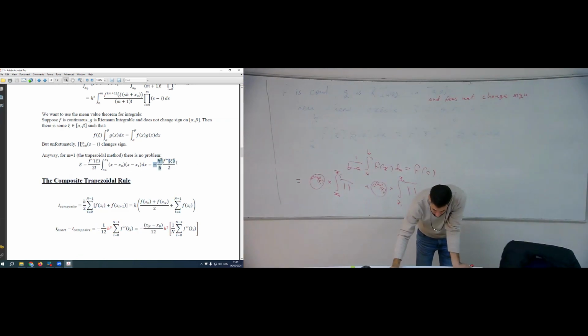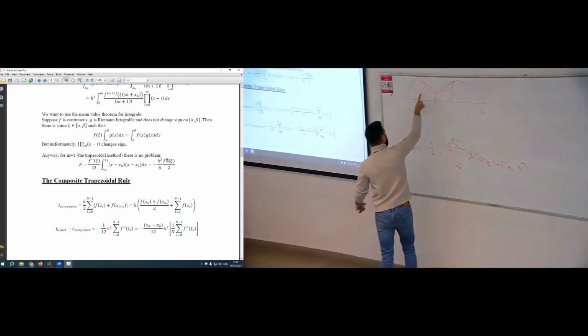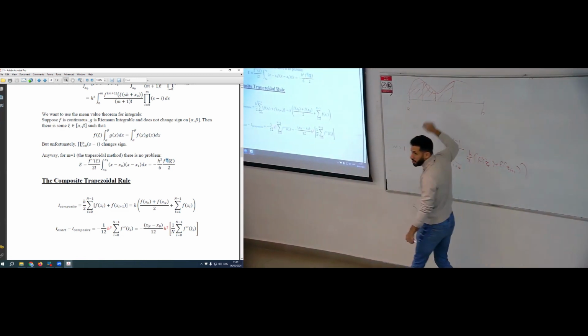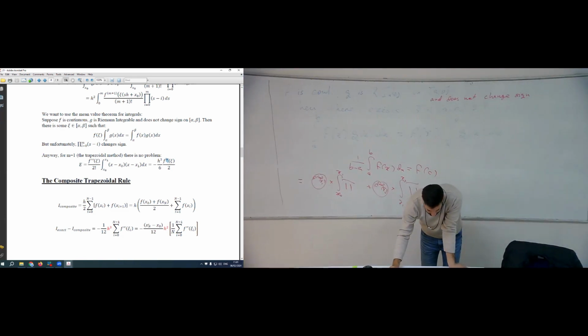Right now, we proved this. At each segment, my error will be minus h cubed over 12 multiplied by f double prime at some psi i in that segment. I have psi 0 here, I have psi 1 here, I have psi 2 here. So I will have this error. Okay, and again, this is a sum of n.